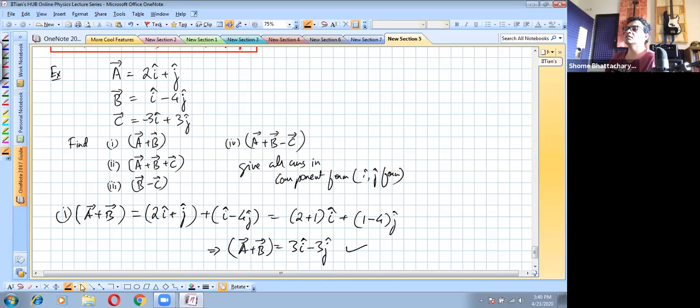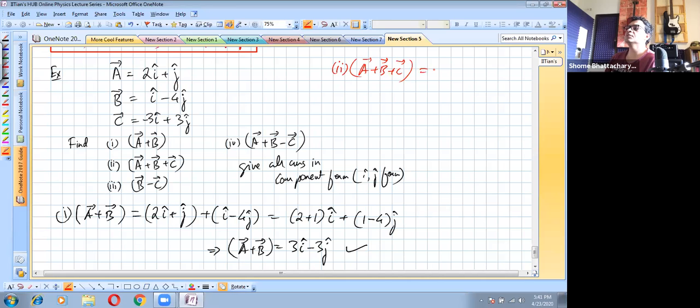So similarly, I'm just writing down the answers here, you can verify. The second part, where I'm calculating a plus b plus c, we just sum up all their x components. So plus 2 plus 1 minus 3, that's 0. And sum up all the y components, that is 1 minus 4 plus 3, so that's again 0.